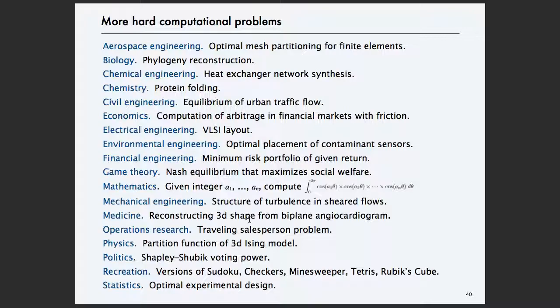Equilibrium of traffic flow, and those are probably just flow things, but with cars. Arbitrage in economics, VLSI layout for electrical engineering, and this again is just a graph kind of problem, right? Optimal placement of contaminant sensors, again, a graph. But financial engineering, calculate the minimal risk portfolio of a given return, given the returns and the risks.